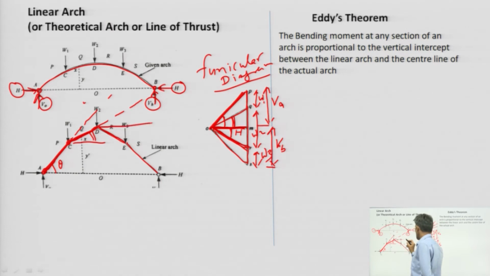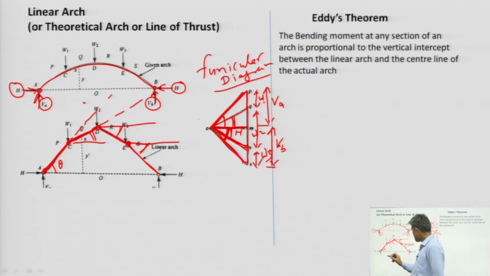And for the last member EB, the slope will be this one. So, make a horizontal line, and this angle is the same, and we will get this member EB.